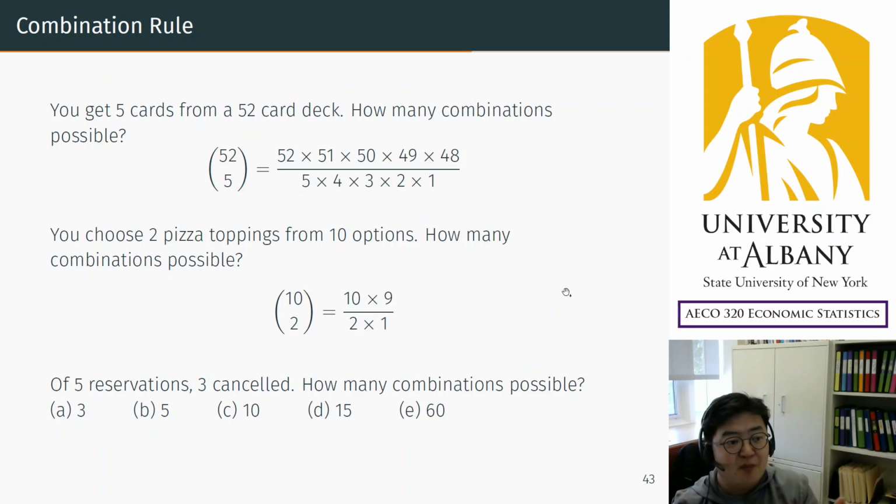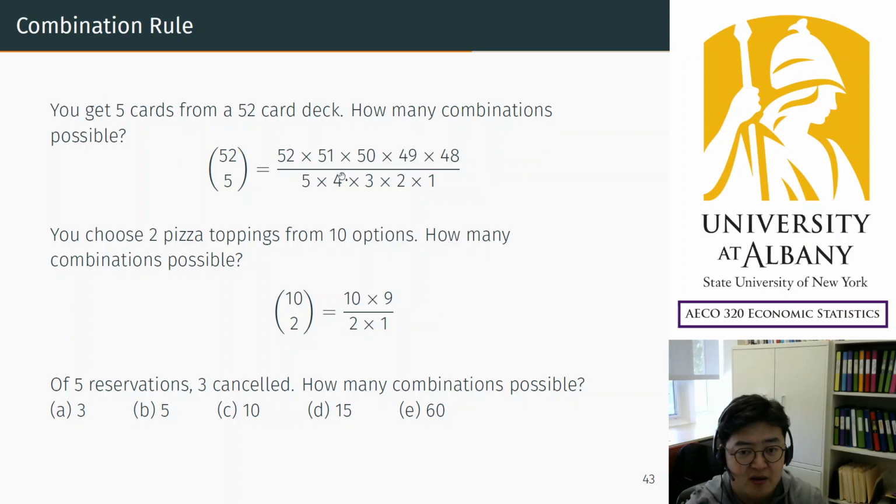So maybe the most famous example with the combination rule is the playing card example, right? Suppose that you think about the case where you get 5 cards from a 52-playing-card deck. How many combinations are there? This is the answer, right?